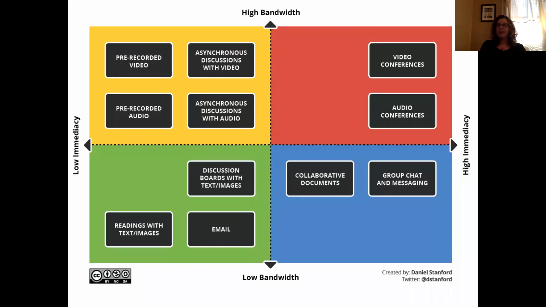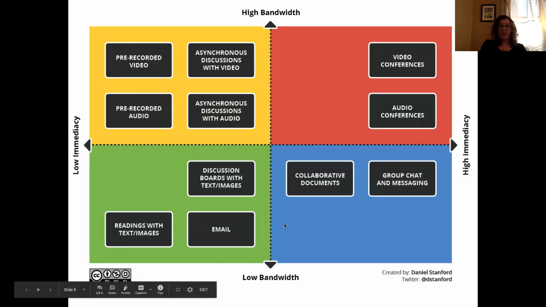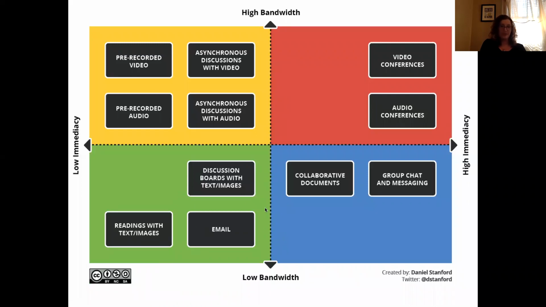What you'll notice up at the top is high bandwidth. The top two pieces here, the one in yellow and red, that's for students with high bandwidth. That's when we know, hey, the internet is rolling and we're doing fine. Down here is for lower bandwidth. So that's where maybe we need to go if we're not sure what the bandwidth is going to look like.